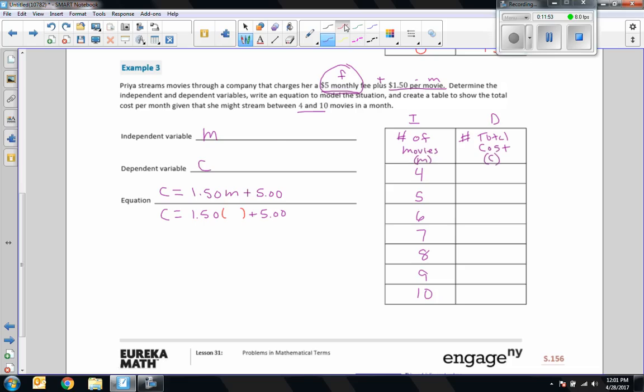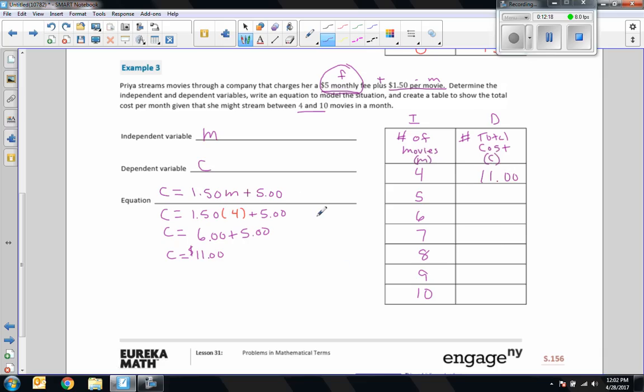My M in my first one is 4. Now I'm going to calculate that. $1.50 times 4 is $6, plus the $5 monthly fee. Total cost if you stream 4 movies is $11. So I'm going to put $11.